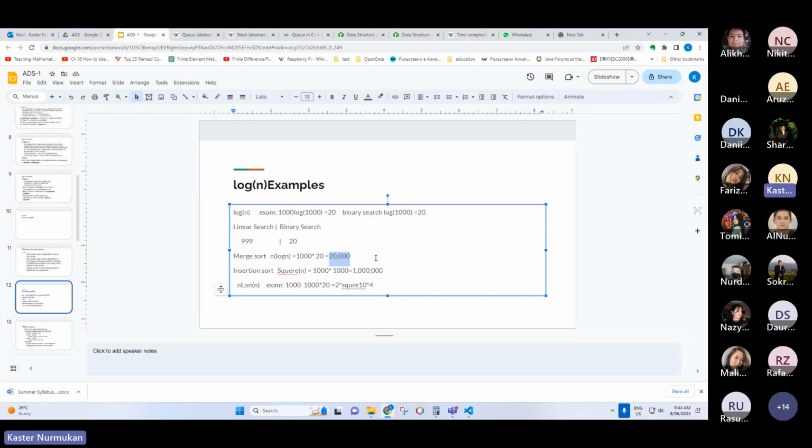Insertion sort is quadratic time, which means 1,000 multiplied by 1,000, so 1,000,000. Okay, so you have many sort algorithms, for example merge sort and insertion sort. Which one are you going to use?